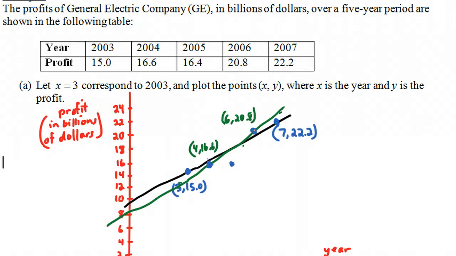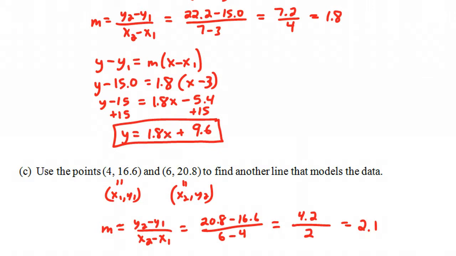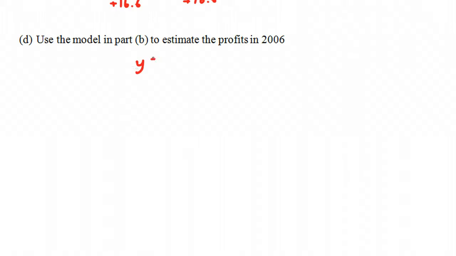It looks like there's a little difference between the height of that point and the black line there. So let's find the difference. Our formula is y equals 1.8x plus 9.6, and the year 2006 corresponds to x equals 6.